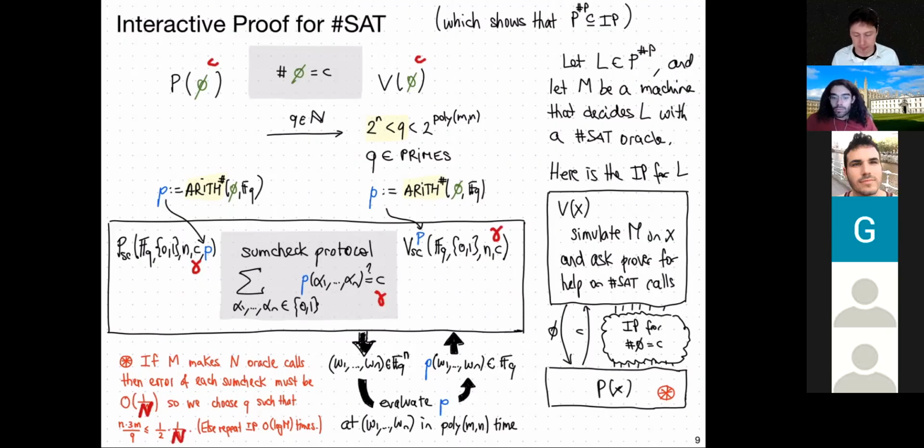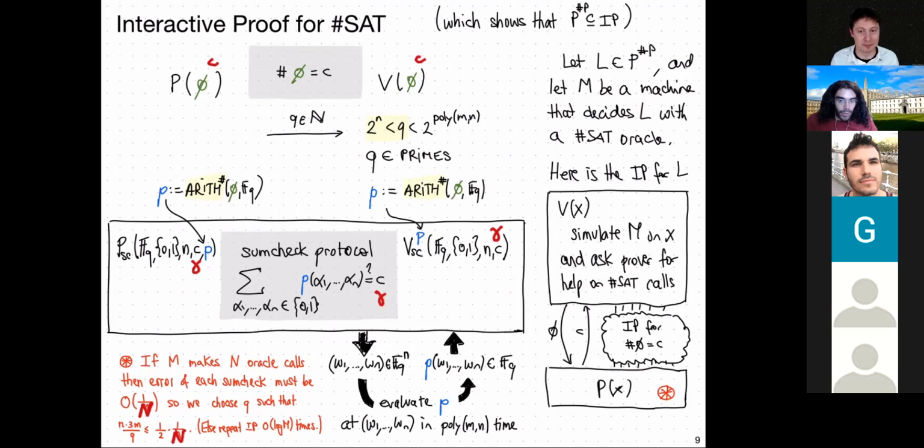Could you use this trick with any oracle? If you have some language L which is in IP, then P to this language is also in IP? Sure. Yeah, P to the IP is in IP because you can just run the IP protocol, right?